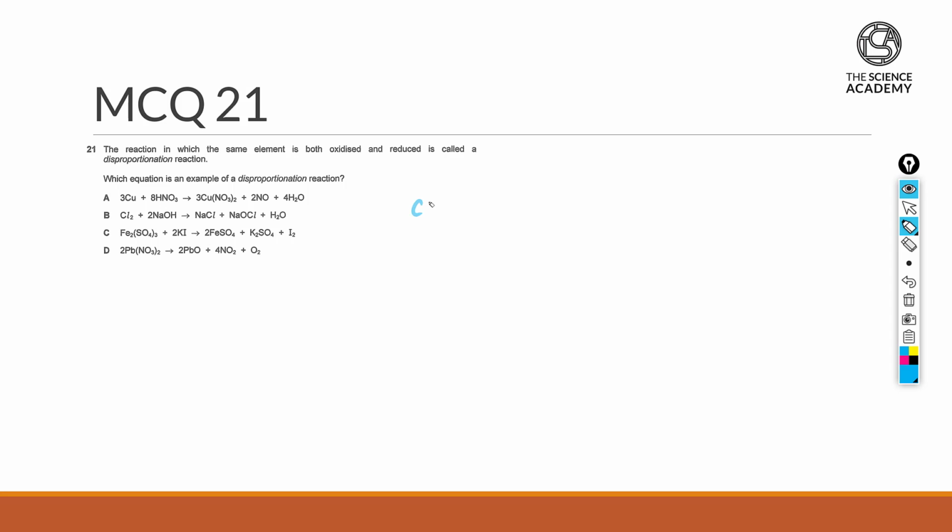So for part C, we're looking at iron 3 sulfate plus potassium iodide to give us iron 2 sulfate, potassium sulfate, as well as iodine. Now doing the individual oxidation states, iron will be +3. Oxygen will be -2.